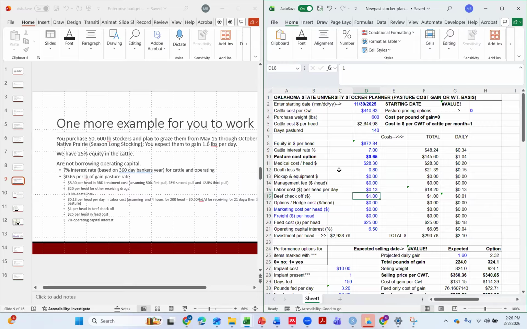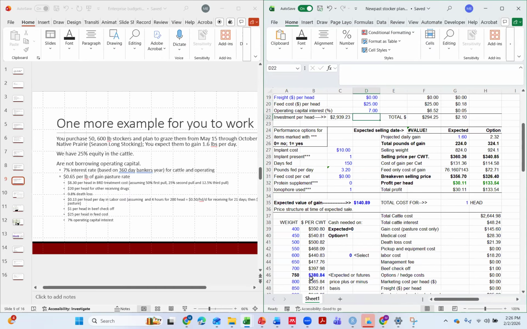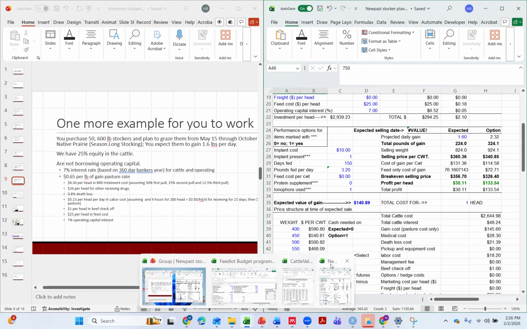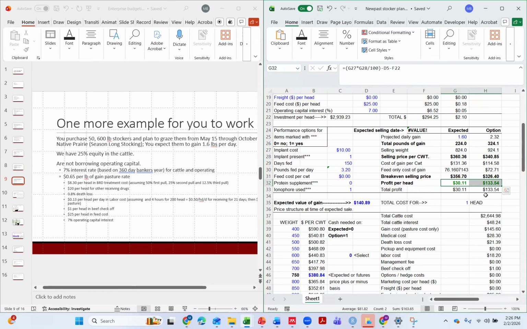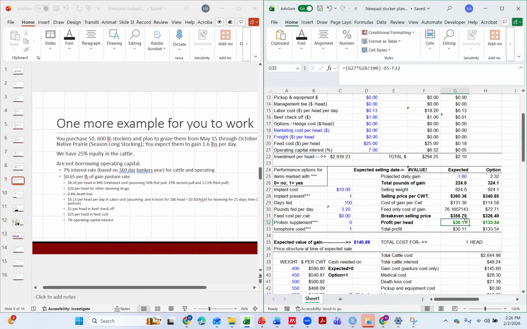We'll keep that same, 25, and then 7% operating capital. So this expected value gain is not changing. This dollar per hundredweight for a 750-pound animal that we got from the cattle value calculator is not changing. So in this scenario, we are going to make $30 per head only.